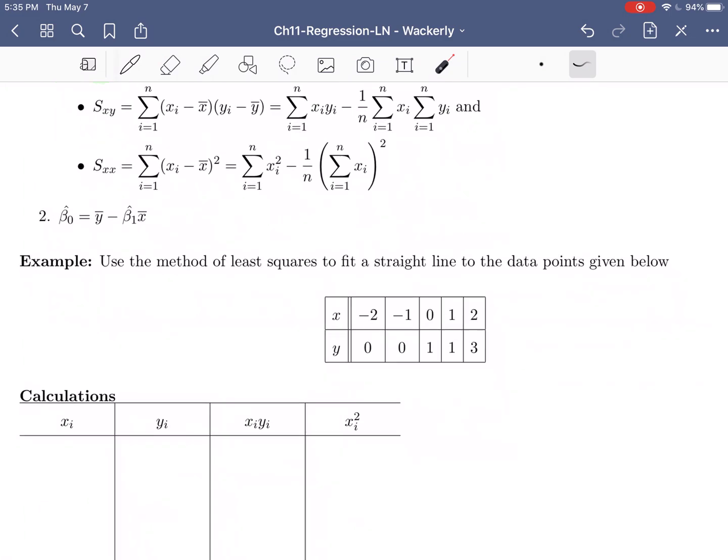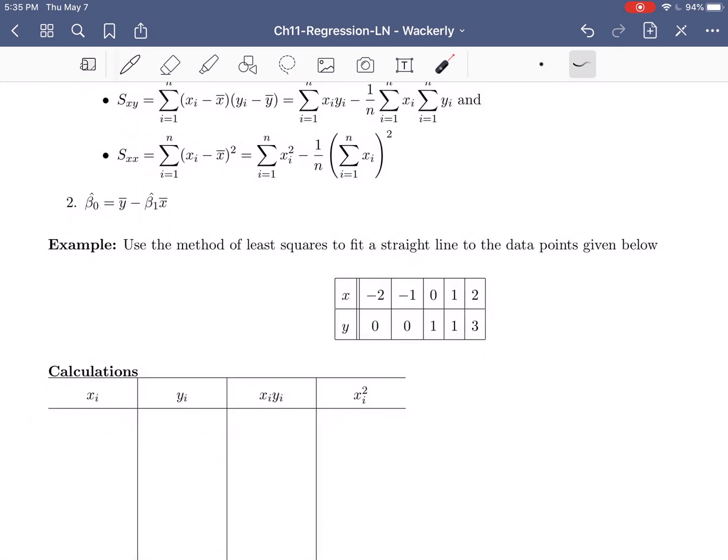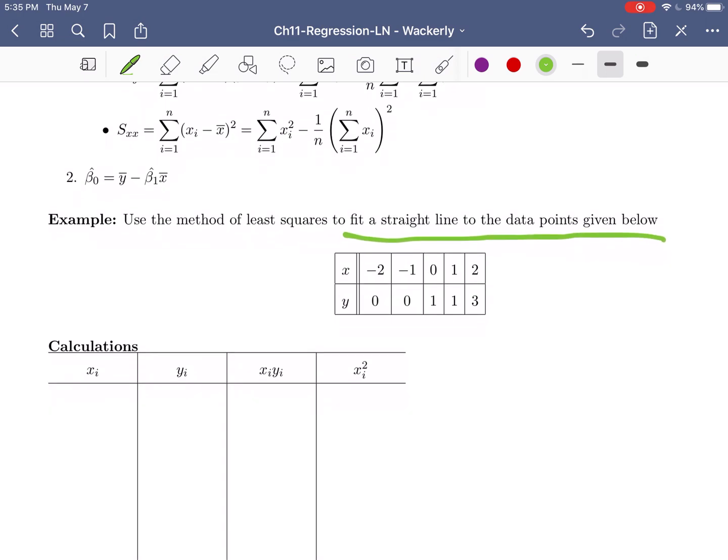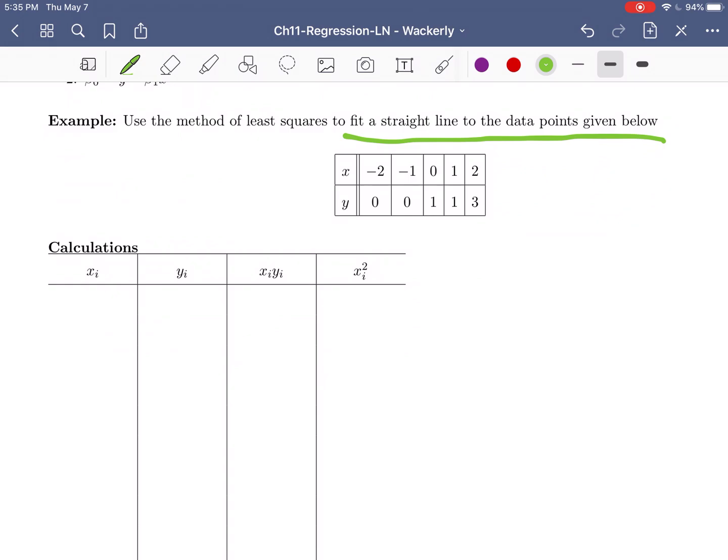All right, so let's go through an example. We want to use the method of least squares to fit a straight line to the data points given below. For our x values, we have -2, -1, 0, 1, and 2.